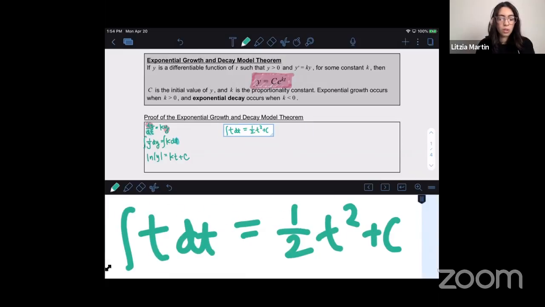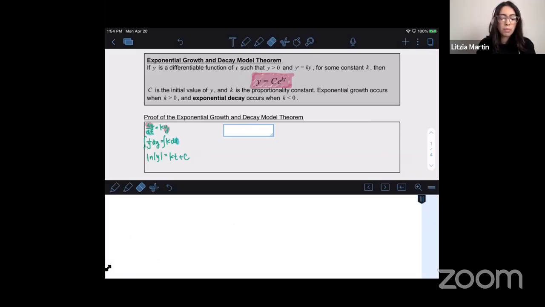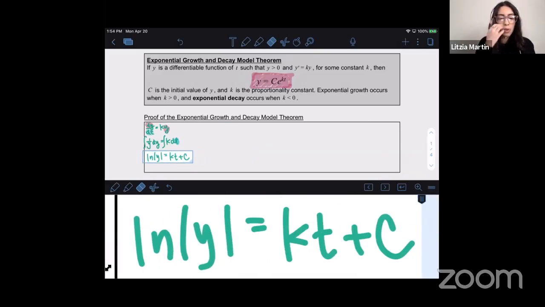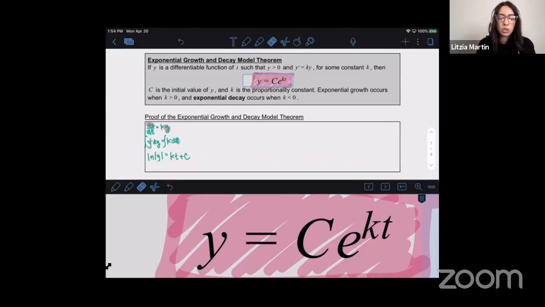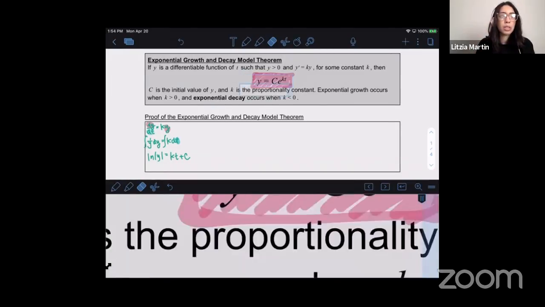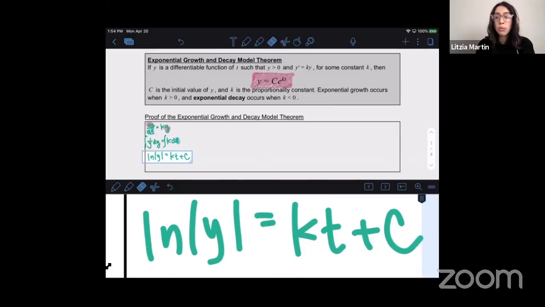Okay. So from here, since we haven't arrived at this specific general equation for y yet, I mean, technically we have, but we need to rearrange this a little bit. So we're going to go ahead and do that. We need to solve for y. So to get rid of ln, I need to take the inverse of it, which is e.